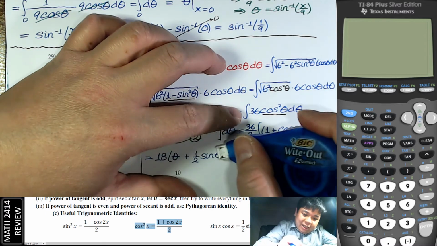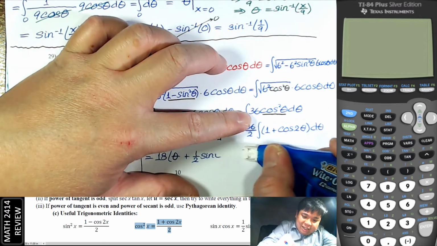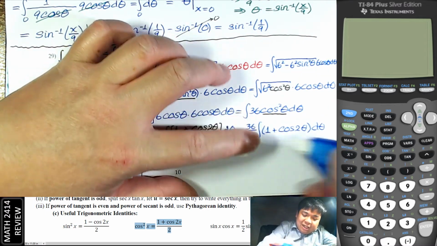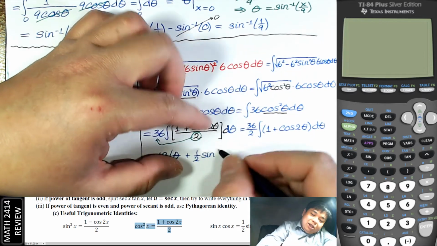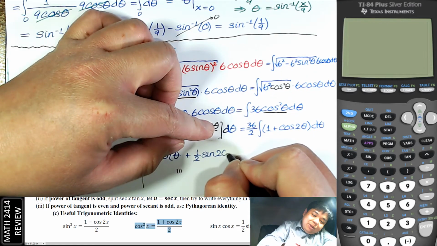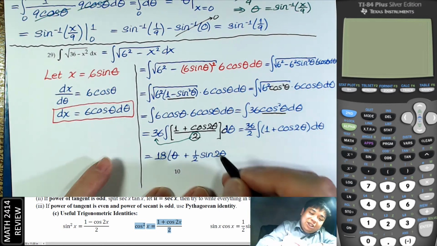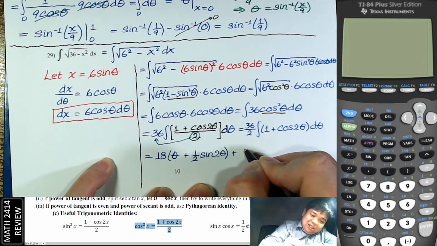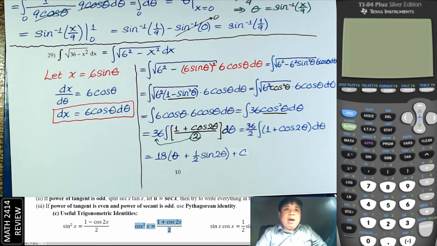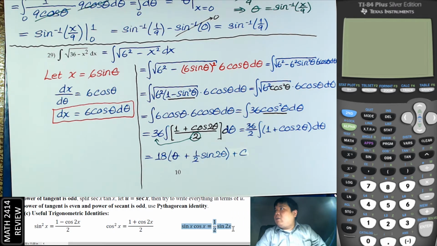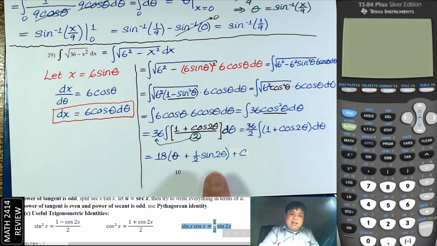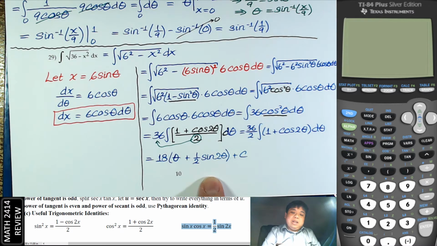Sorry, I'm one step ahead. Integral of cosine is going to be sine. The double angle will come later. Now actually the power reducing next to it is the double angle. So 1/2 of sine 2 theta is still going to be sine times cosine.